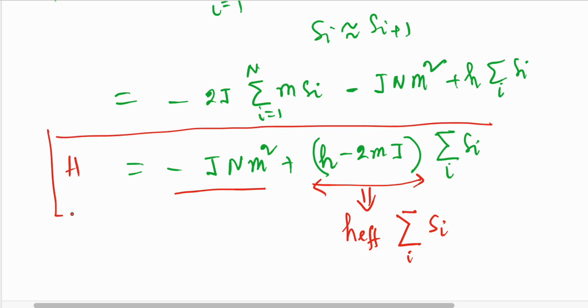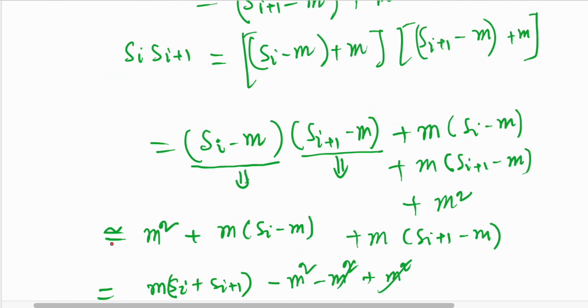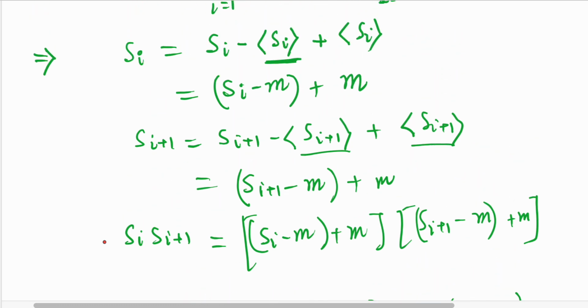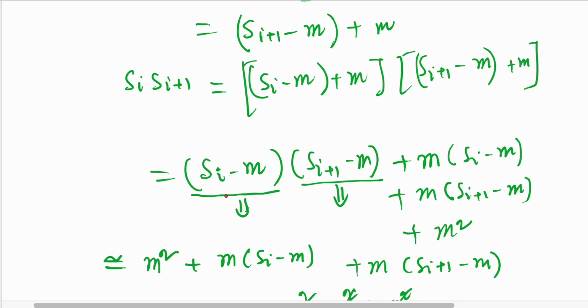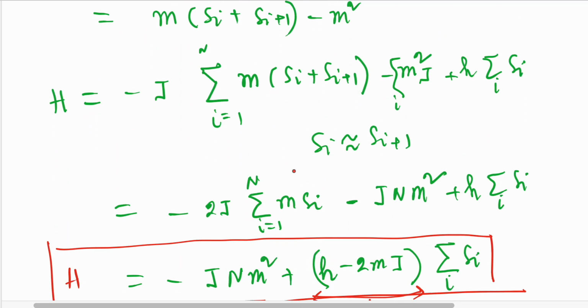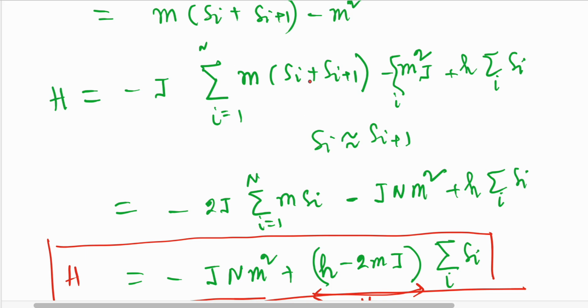So the effective mean field Hamiltonian will look like this, where we have taken two assumptions. First assumption is that the fluctuation, that means the variation of Si about its mean, is very small, so we can neglect the second order term, keeping only the first order term. And secondly, since there is a large number of particles, we can replace Si plus 1 by Si.